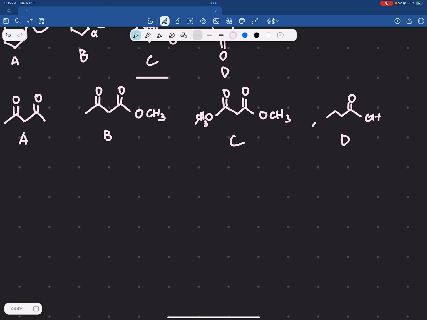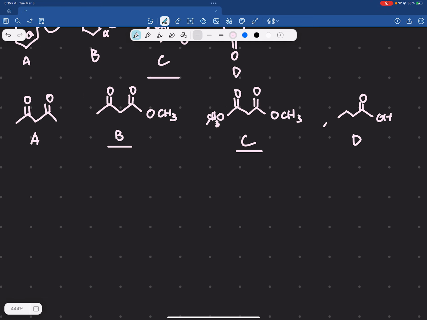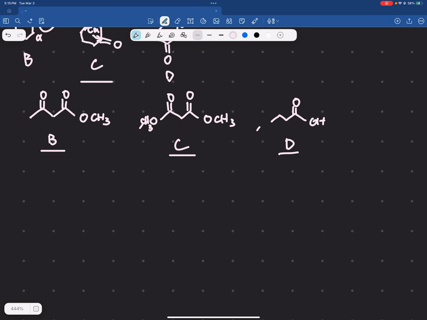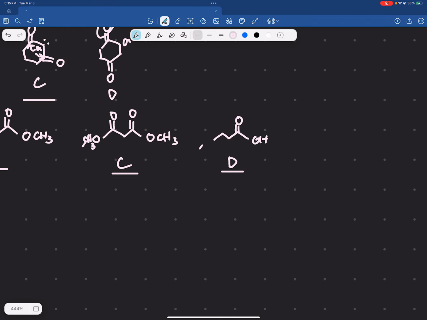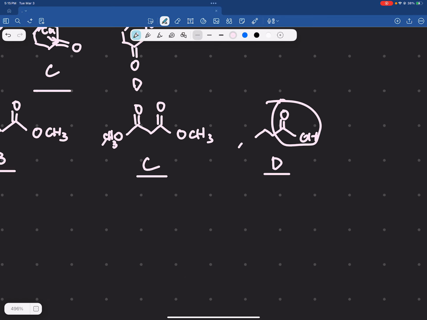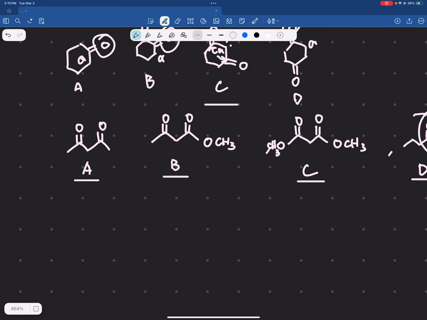So the least acidic compound here is going to be C. The second least acidic is going to be B. And the second most acidic is going to be A, and the most acidic is going to be D. So D is most acidic because it's a carboxylic acid, so that makes it automatically more acidic than the rest of these.